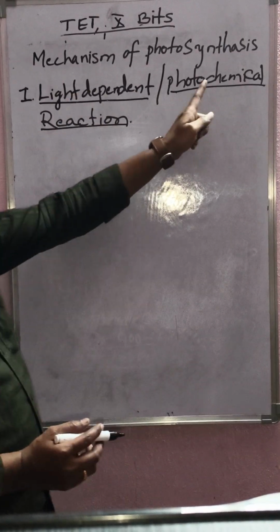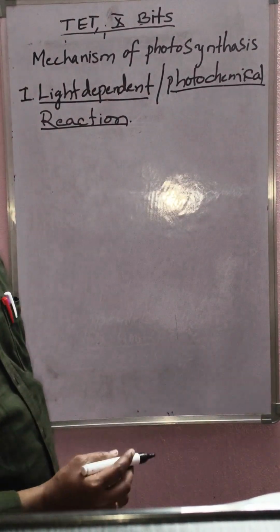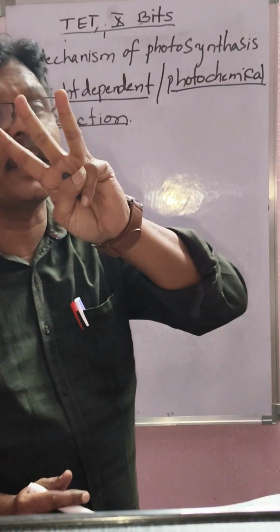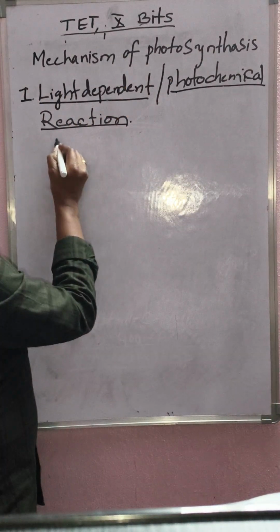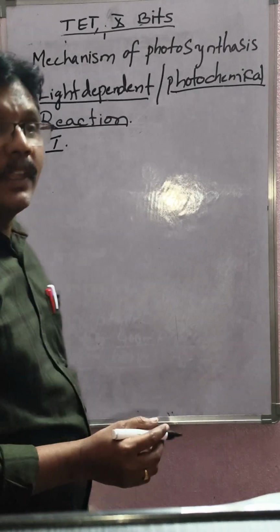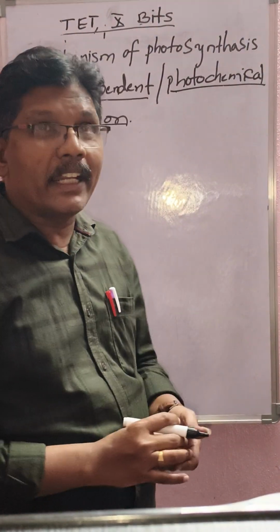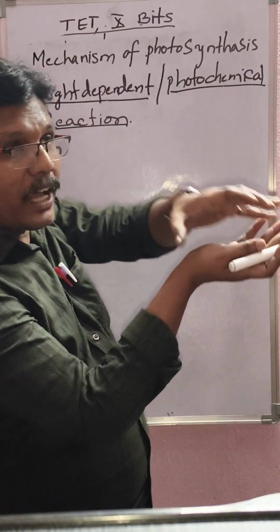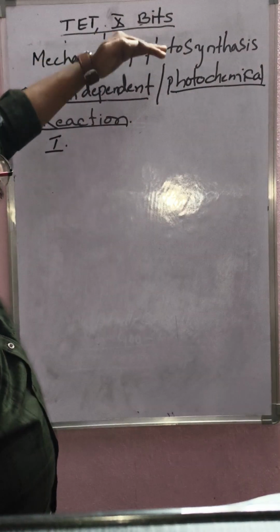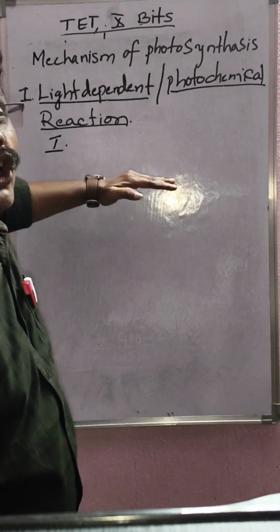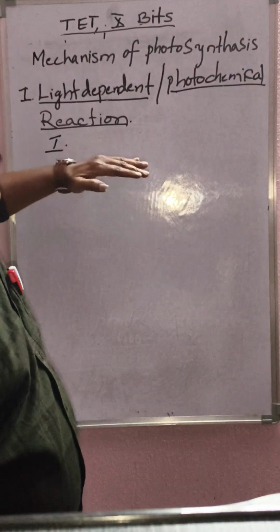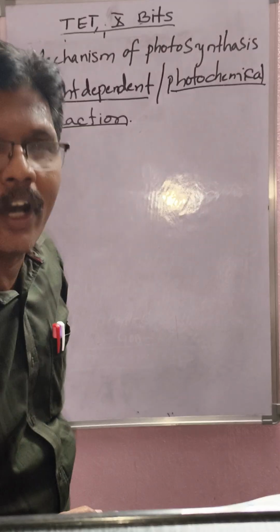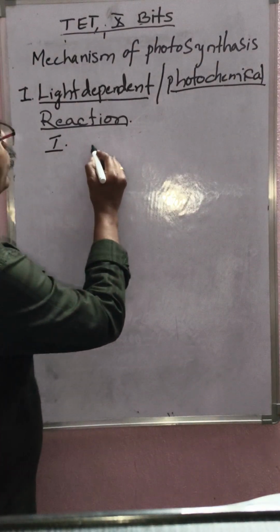This light dependent reaction occurs in three stages. The first stage: when sunlight is focused on the leaf, the chlorophyll absorbs the photon energy.